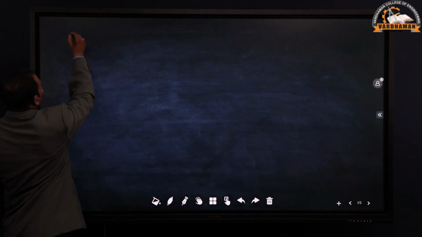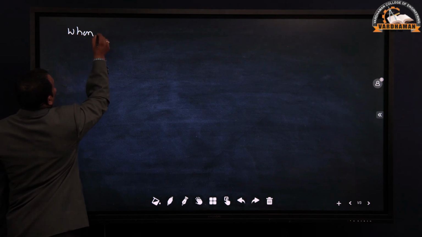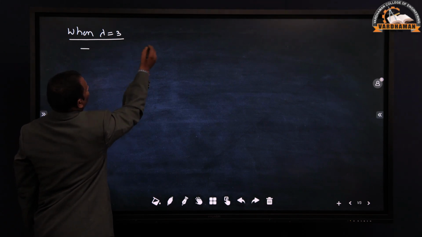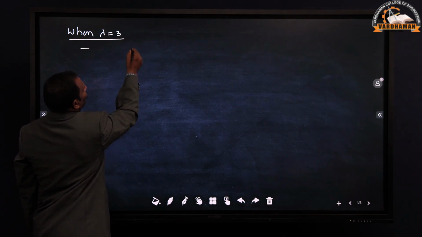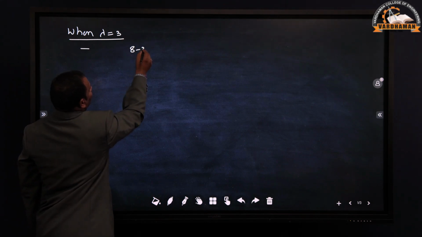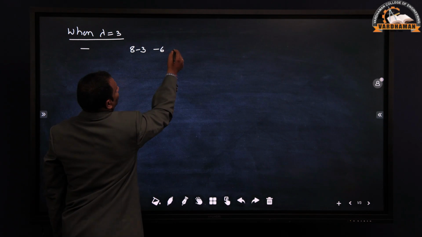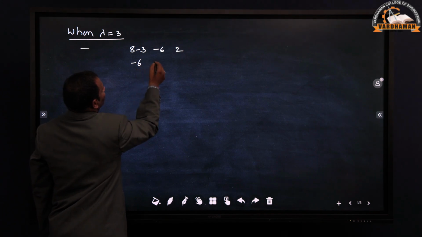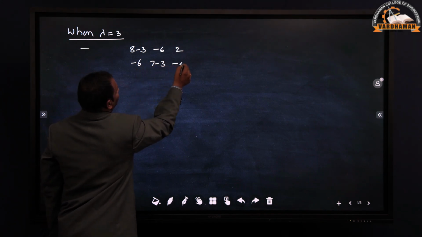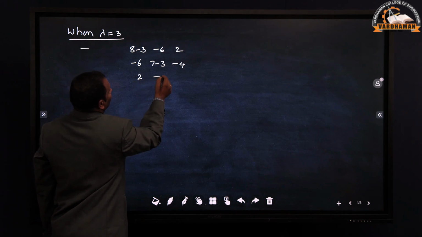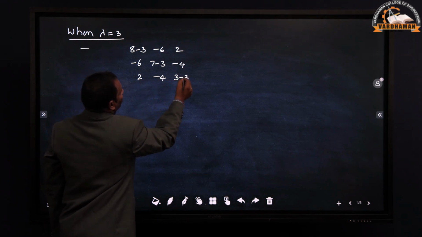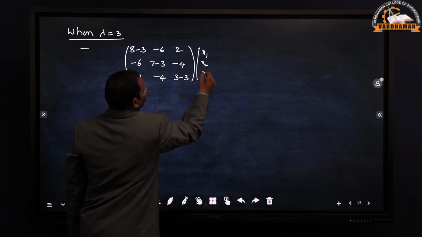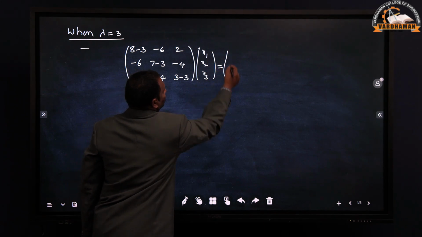Now we see when lambda equals 3. Write the homogeneous system by substituting lambda equals 3: 8 minus 3, minus 6, 2; minus 6, 7 minus 3, minus 4; 2, minus 4, 3 minus 3, into x1, x2, x3 equals 0, 0, 0.